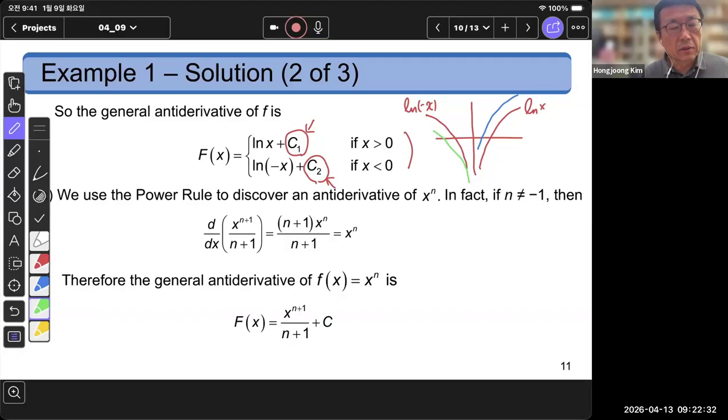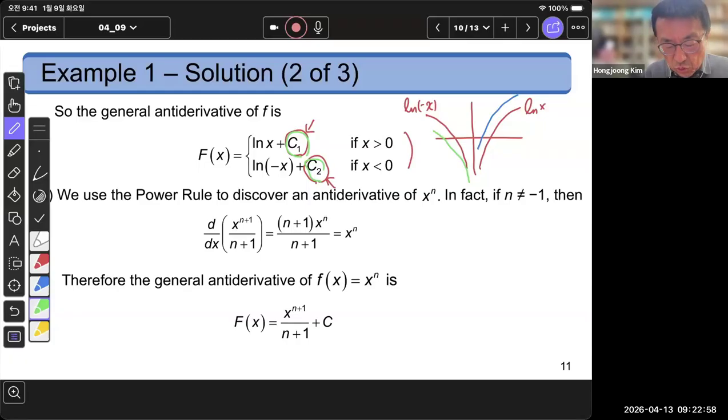You don't have to add the same constant to the positive part and the negative part. So you need to write down C1 and C2 to express the situation. But since this fact is so trivial, if anyone understands the concept of antiderivative, they understand this situation.